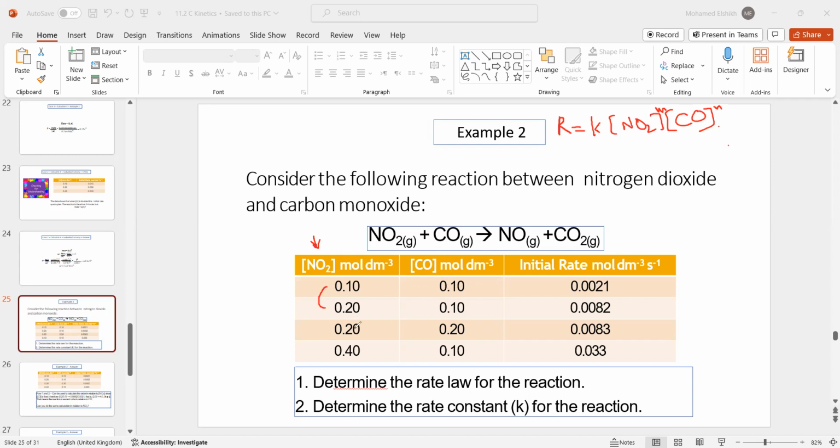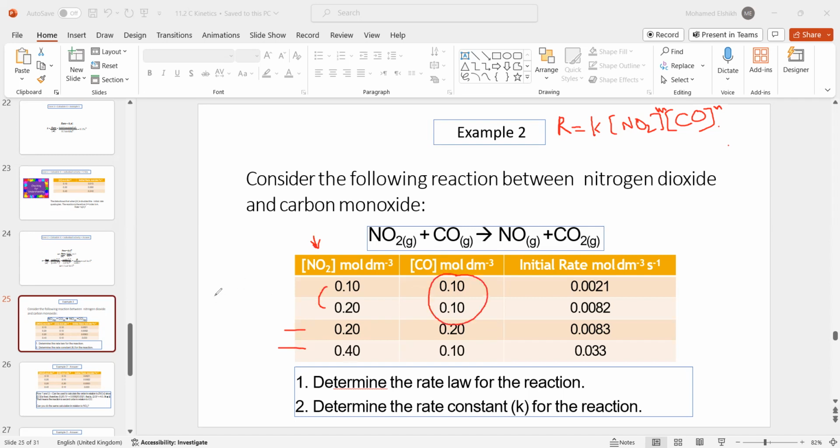You can't use these two rows to determine the m of the NO2. Why is that? Because here the concentration is changing in both. But you can use the first and second row, because the second reactant is constant in this case.